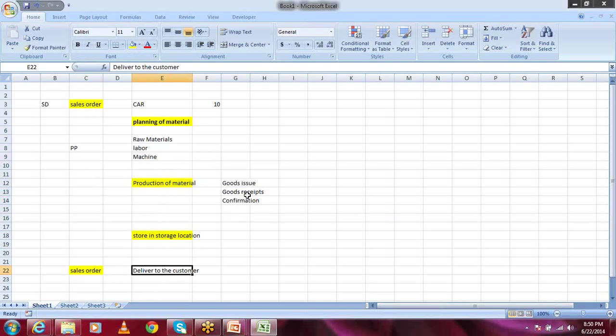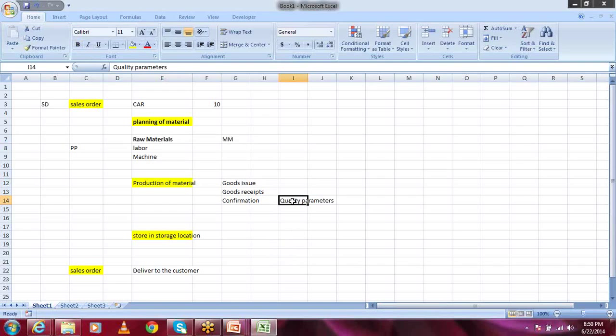In between you will get the other modules' integration, like purchasing of raw material. You will get the purchasing of raw materials with the help of MM, the Material Management module. During the production, you check quality parameters, like for the car you have manufactured: how is the quality of the engine, or what is the mileage of that car.